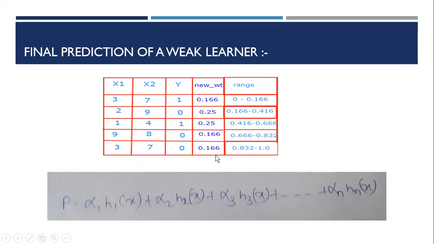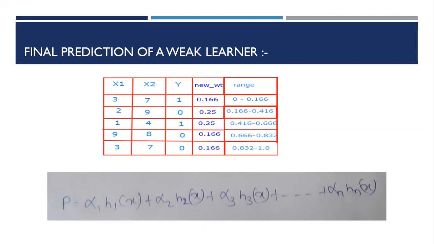Why? Because the second row and third row have higher weightage than the other rows, so the ranges or bins of these two rows will also be higher than the other correctly classified rows. So misclassified rows' ranges will be a little bit wider.